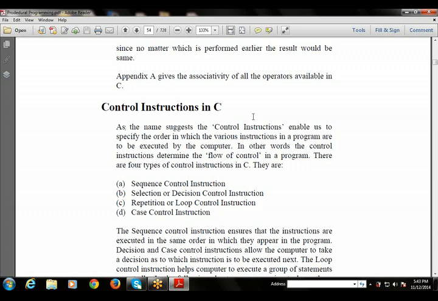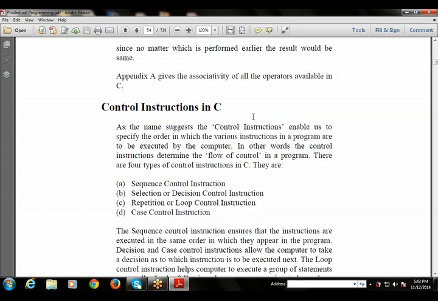There are 4 types of control instructions: sequence control instruction, selection or decision control instruction, repetition or loop control instruction, and case control instruction. So these are the 4 instructions that define the flow of a program in C, and these are the most important instructions.